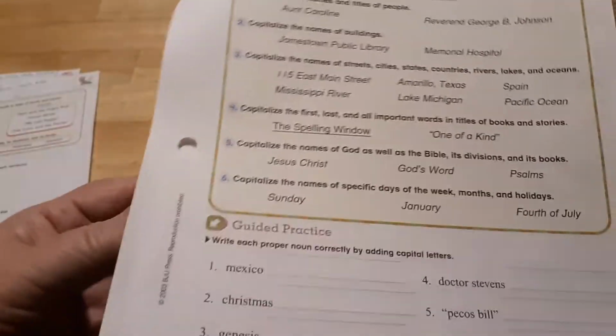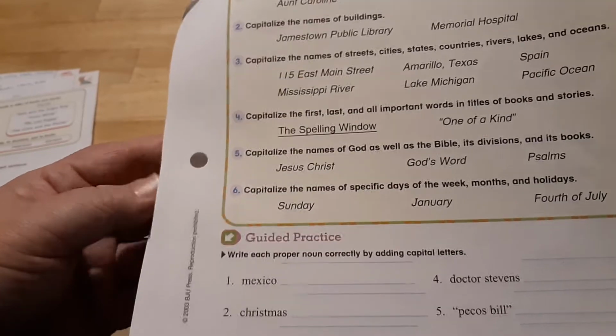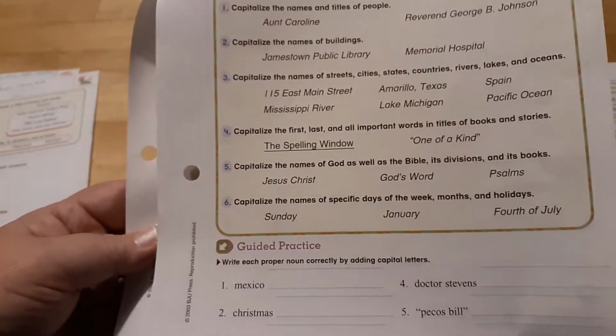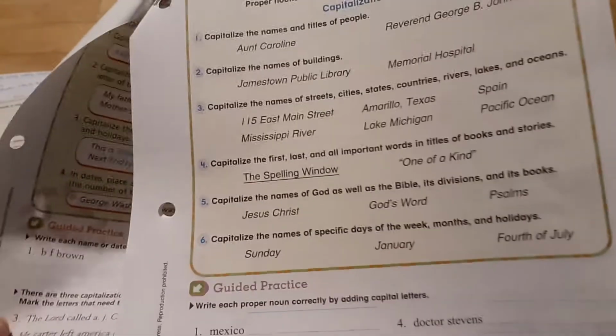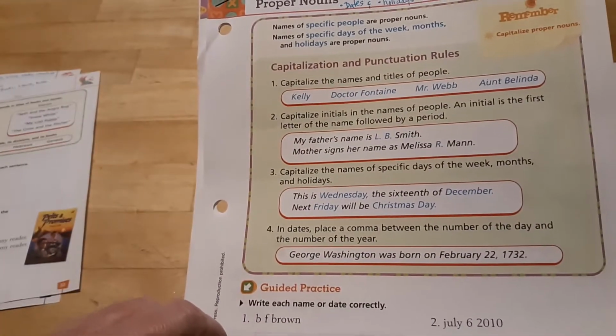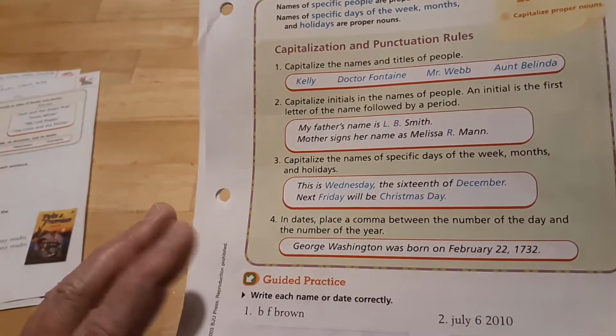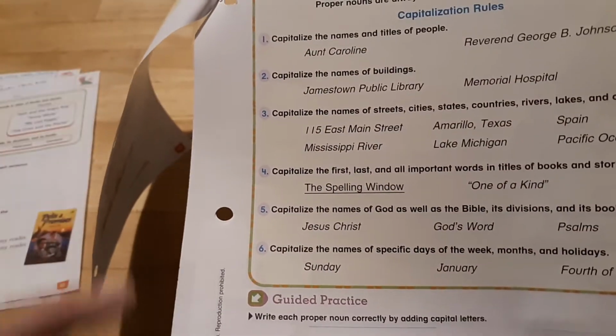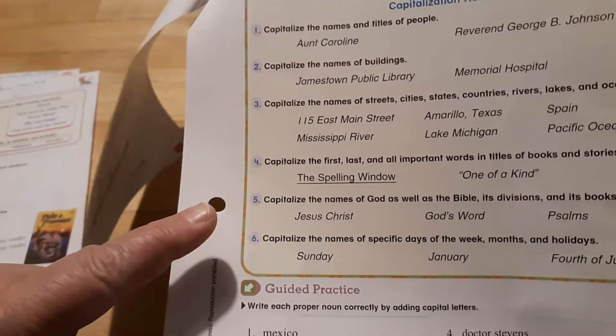So they have lakes and oceans here in the grade 3. Titles of books and stories, names of God, as well as the Bible and its divisions. So the only difference between level 2, okay, this is level 2, is I'm thinking it looks like they've added rivers, lakes, and oceans to the list.